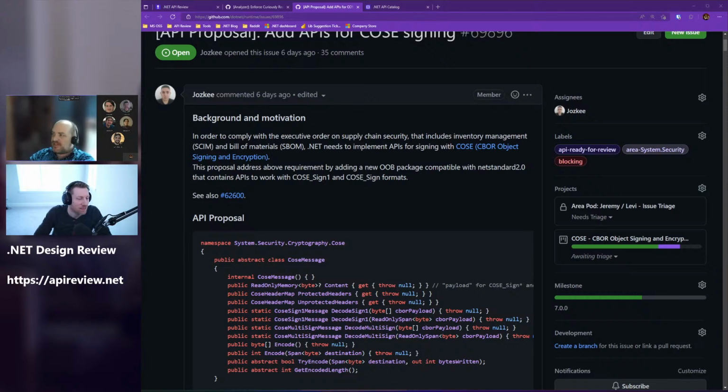Okay, so this is a partner request for a spec that, depending on how you feel like that E works with the English language, is either COSE or COSE. From ASN.1, we have signed CMS and enveloped CMS, and then there was the horrible failed idea of signed XML and encrypted XML.